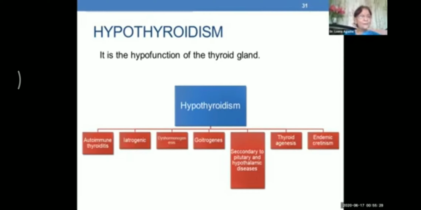The causes of hypothyroidism can be classified as autoimmune thyroiditis, iatrogenic thyroiditis, dyshormonogenesis, goitrogens, secondary to pituitary and hypothalamic diseases, then thyroid agenesis and endemic cretinism.